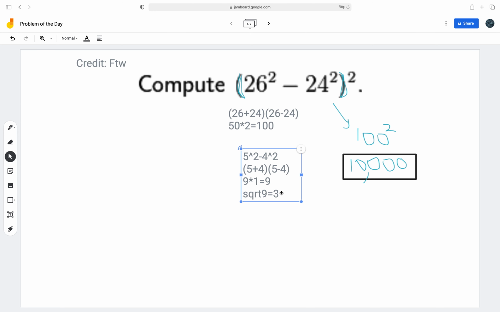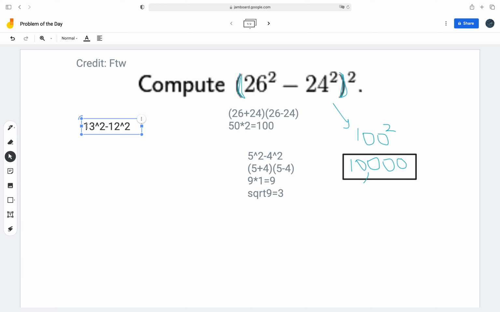So we can prove that this works. Let's try with some larger numbers. Well, let's do another easier one first. 13 squared minus 12 squared, and we're going to square the whole thing.